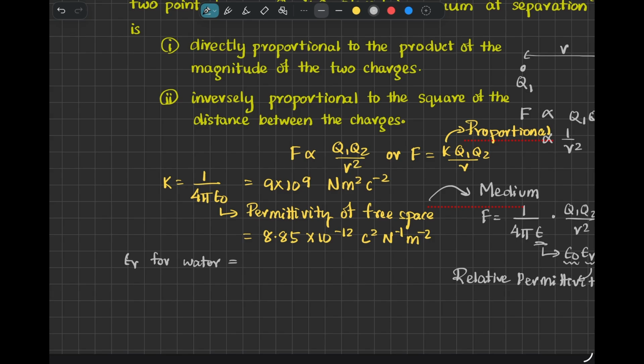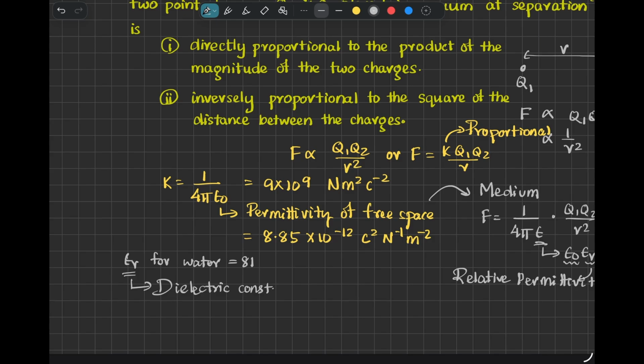This epsilon r term is also called dielectric constant. This is just a name, another name for the same term, epsilon r.